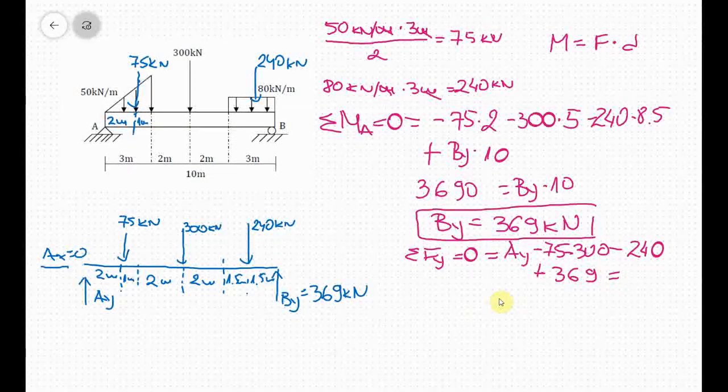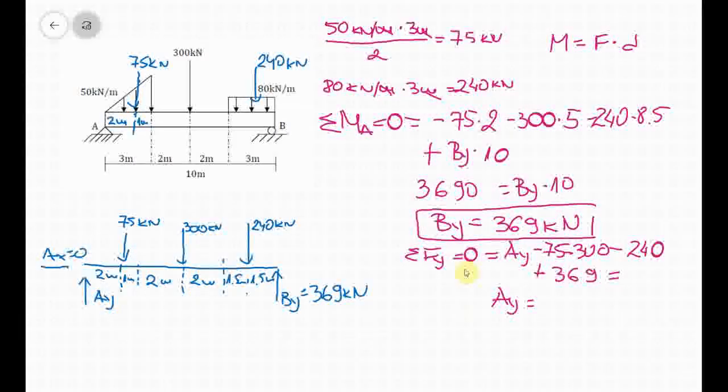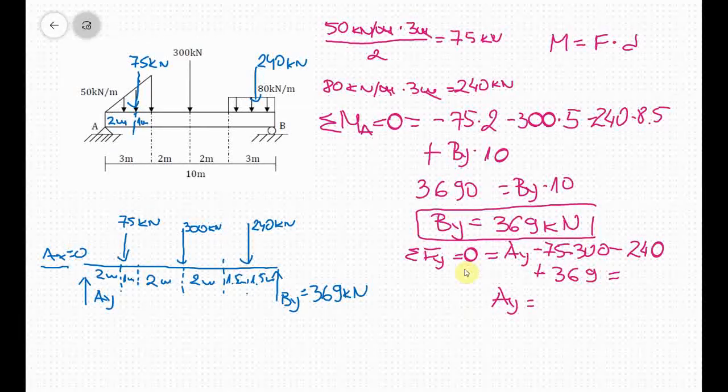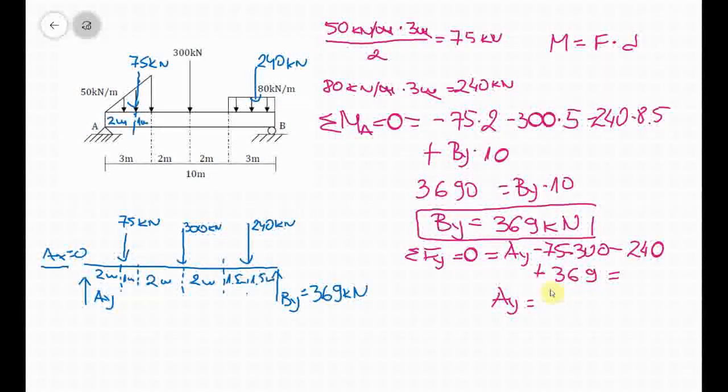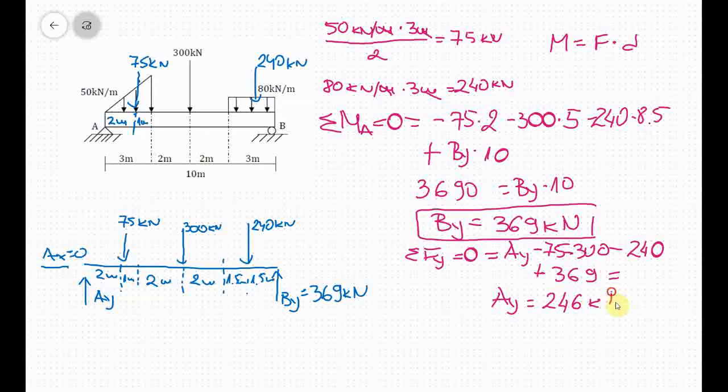If I leave Ay on this side, and transfer everything to the other side, I will have 75 plus 300 plus 240 minus 369, and then Ay is equal to 246 kilonewtons.